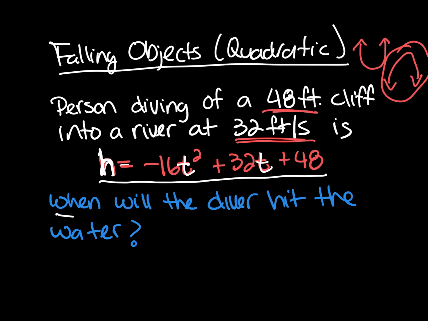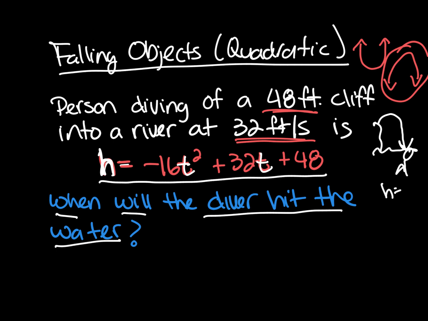So this says, when will the diver hit the water? Well, if I'm diving off of a cliff and I hit the water, essentially my height is now 0. So that means we're solving a quadratic equation by factoring, and the height is going to be equal to 0.